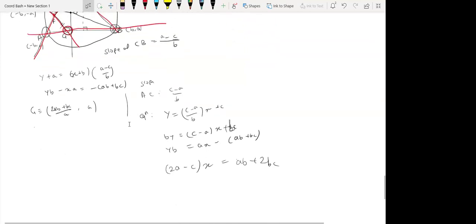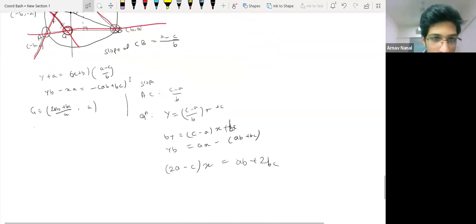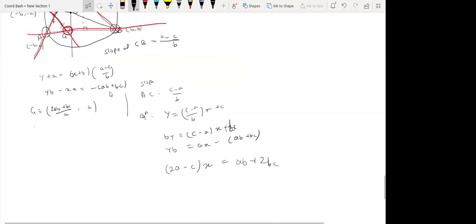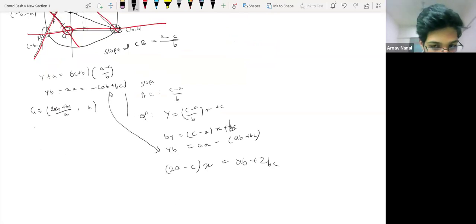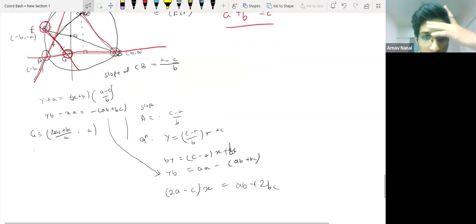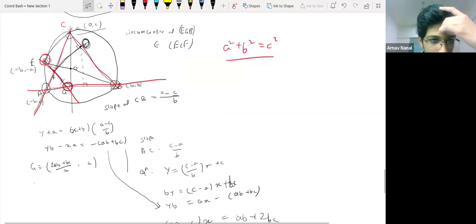Oh, I just copy pasted this equation, I didn't see that. Okay, something is wrong.